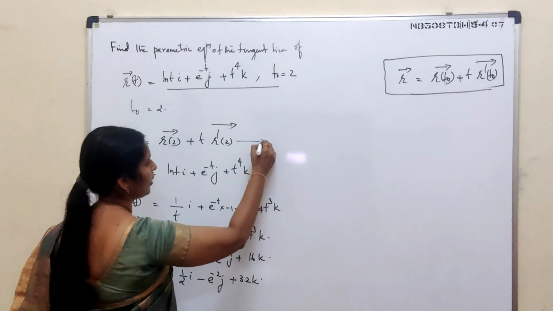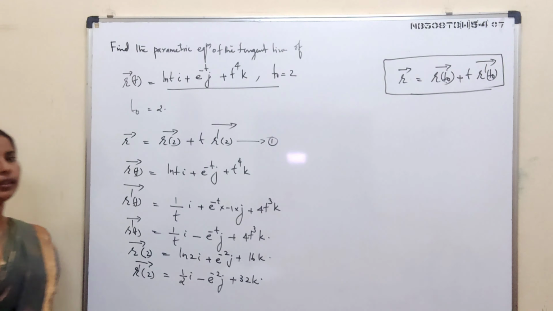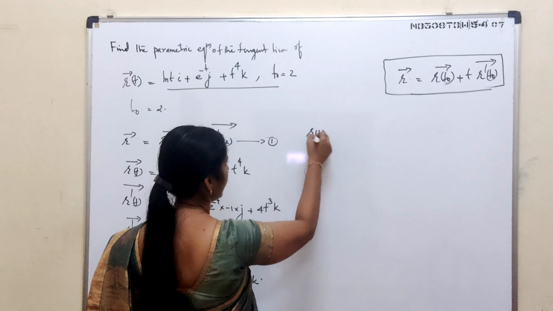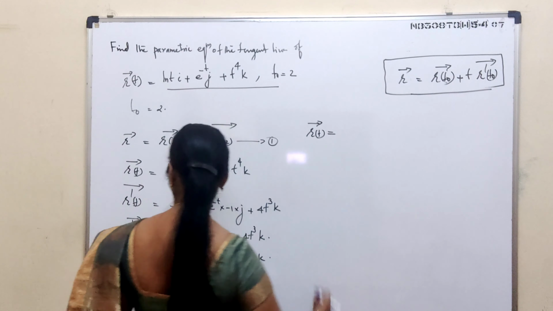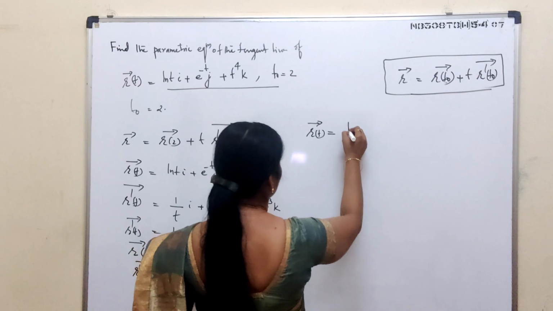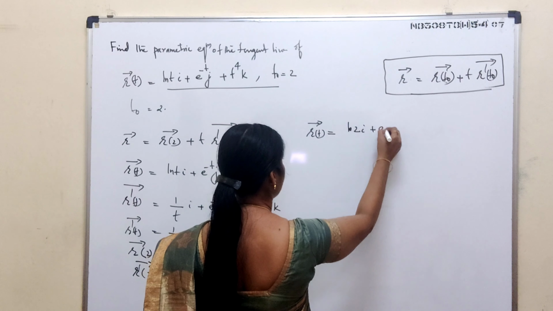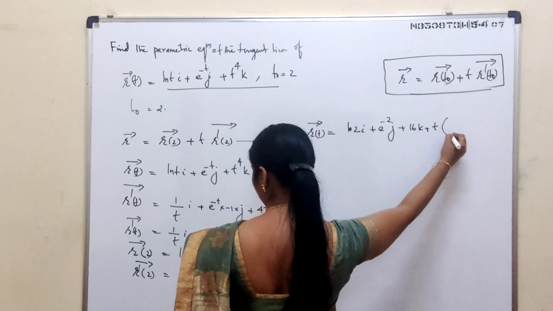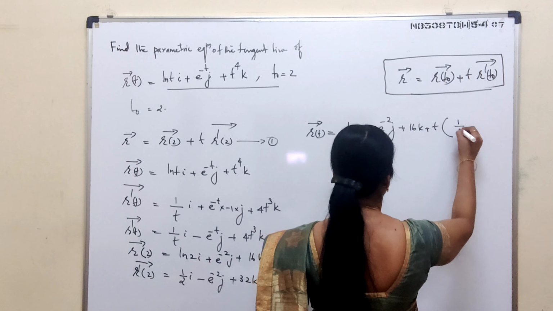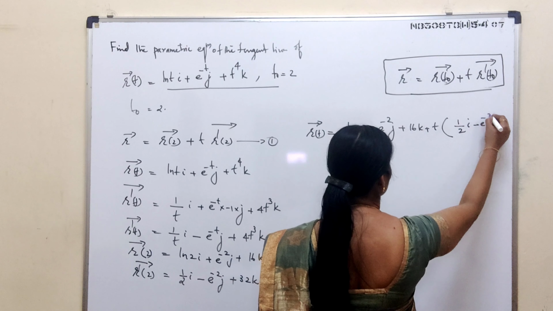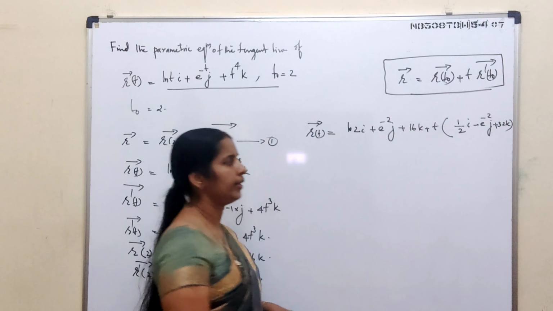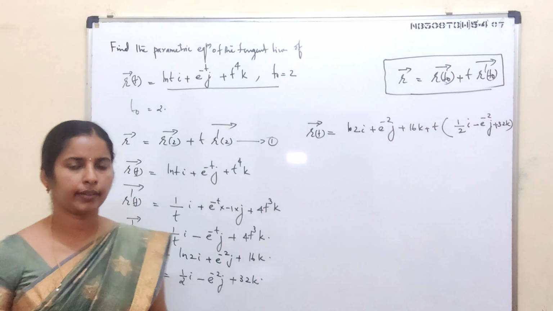See, this is for the tangent line through t naught equal to 2. You put in equation number 1. We have the equation of tangent line: log 2 i plus e raised to minus 2 j plus 16 k plus t into 1 by 2 i minus e raised to minus 2 j plus 32 k. See, this is the equation of tangent line.